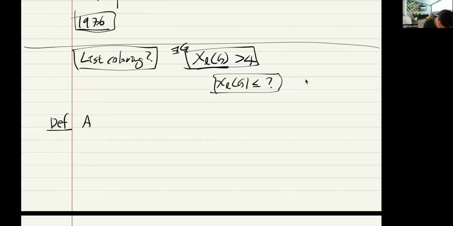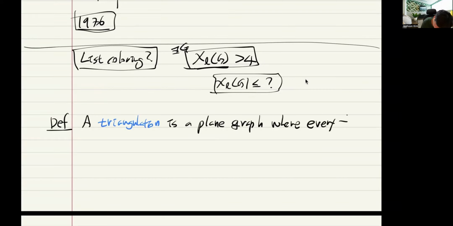For that, let's define a concept. We say that a triangulation is a plane graph, so a graph with an embedding, already embedded on the surface, where every face boundary is a 3-cycle.